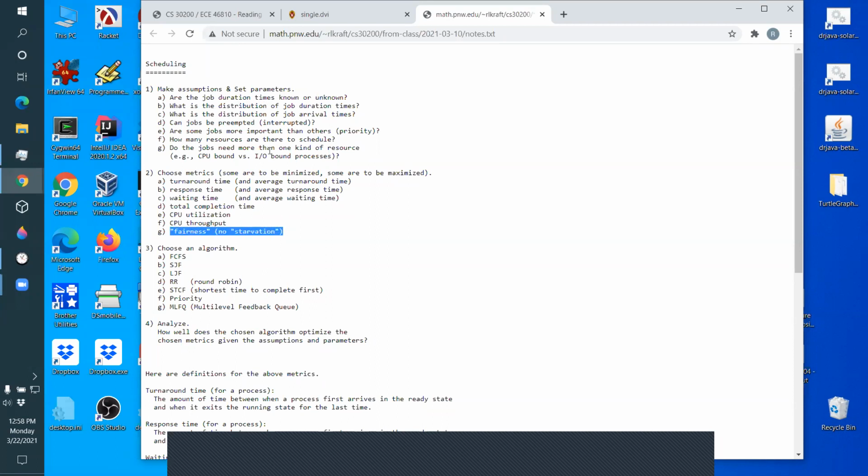Another possibility is priority. If you allow priority, you could have a problem with fairness. So you have a low priority person who's waiting in line, and it just seems like a never-ending stream of higher priority people come along. And so the lower priority person can say that they're never going to get a chance. So priority can give you problems with fairness. You could just have a steady stream of higher priority jobs that block out lower priority jobs.